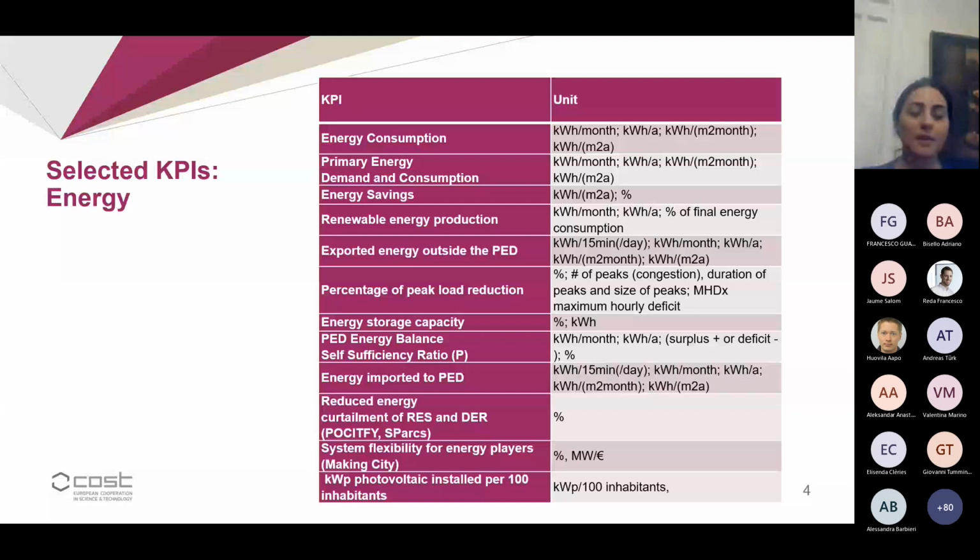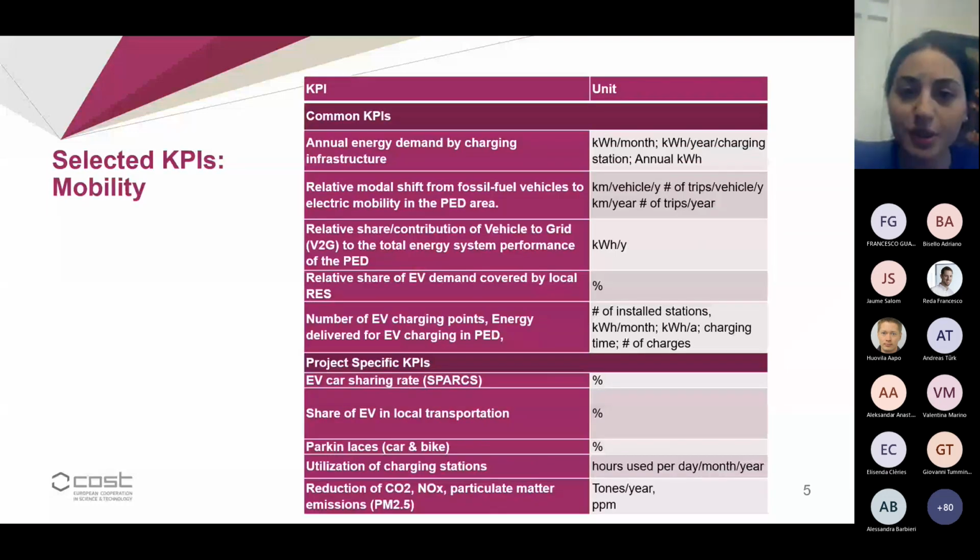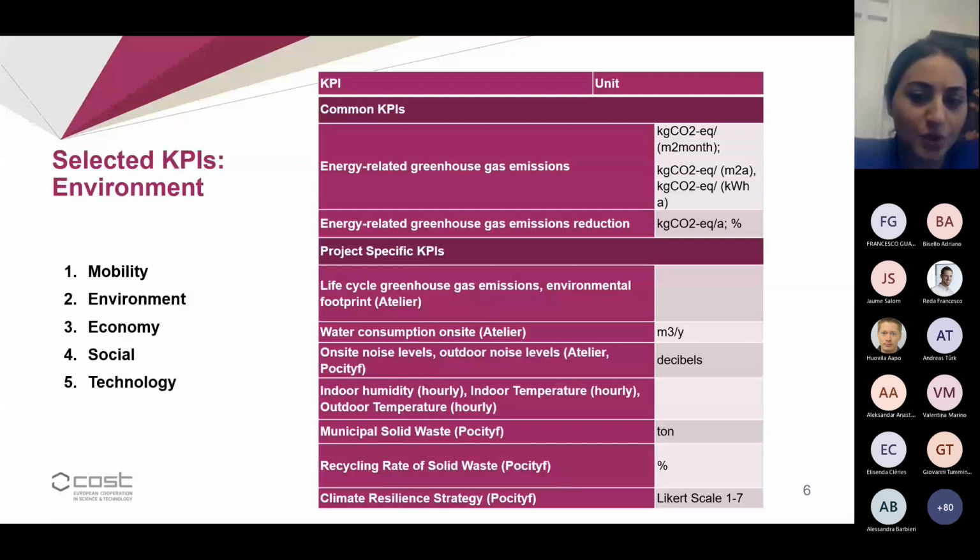For mobility, we have chosen categories like annual energy demand by charging infrastructure, relevant share and contribution of vehicle to grid, number of EV charging points, or share of EV in the local transportation. The other KPIs that we were selecting, in environment, which were equal to all of them, were energy related greenhouse gas emission, life cycle greenhouse gas emission, and water consumption on site, and other KPIs that you are seeing right now in the presentation.